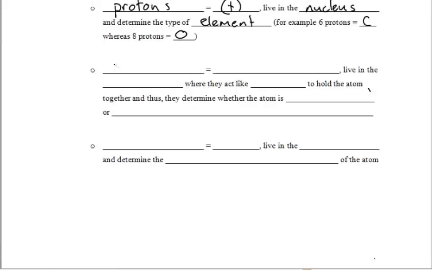Then we have the neutrons. These are neutral, or have 0 charge. And like the protons, they do live in the nucleus, but they serve a different function where they actually act like glue to hold the atom together.